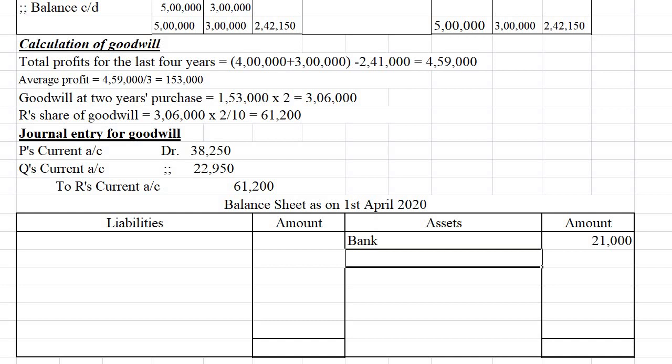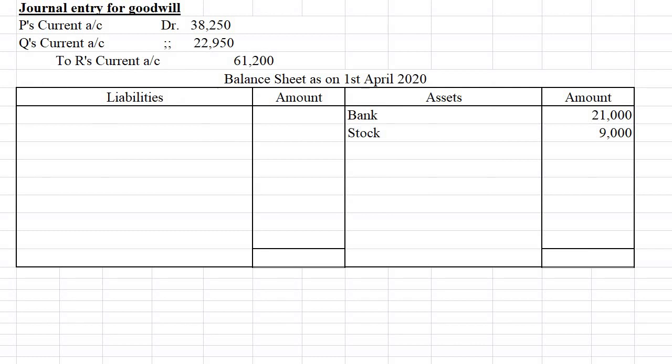Then comes next, which is the next asset? Yes, stock is there. Then sundry debtors is there. So stock we have to write. Then after that we have to write the sundry debtors. Yes, now stock is written 9,000.